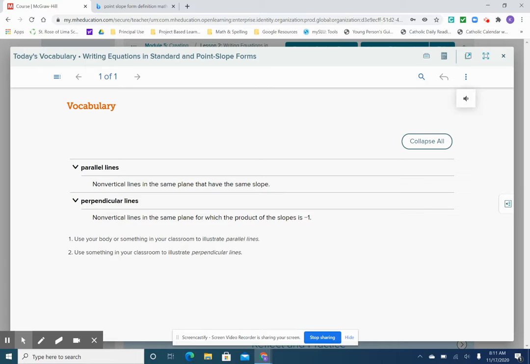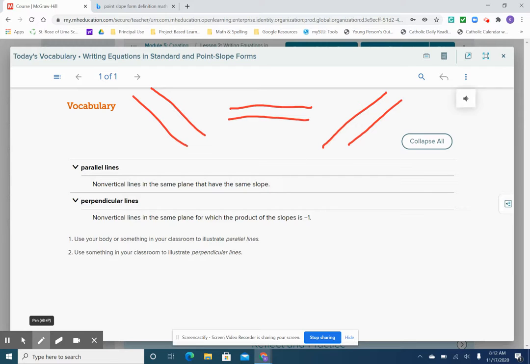Our next definition is a parallel line. And hopefully you remember what parallel means. The definition is they're non-vertical lines in the same plane that have the same slope. When you think about parallel lines, hopefully you think about lines that look like this. And you should notice from transformations that if they had the same slope, these were also parallel lines.